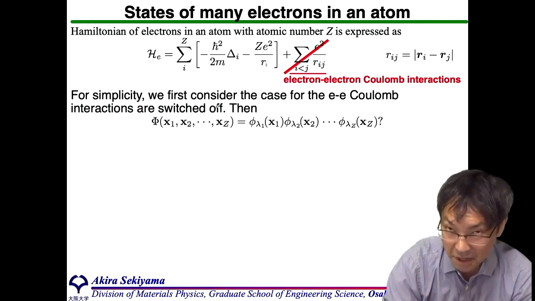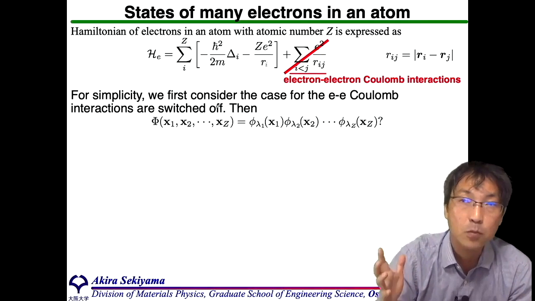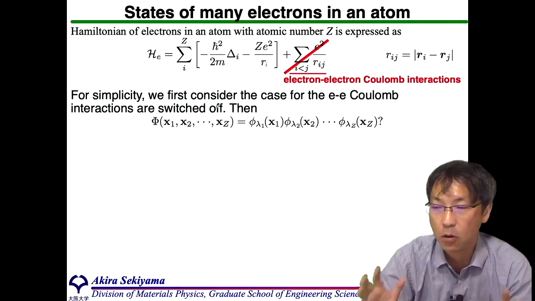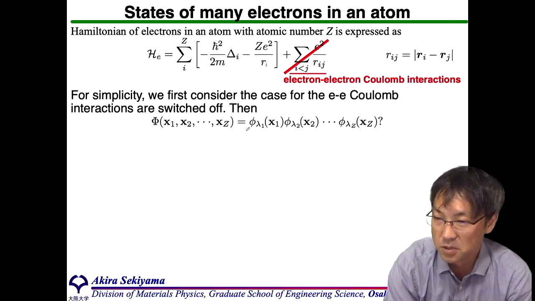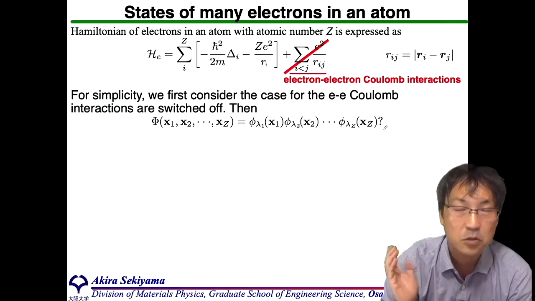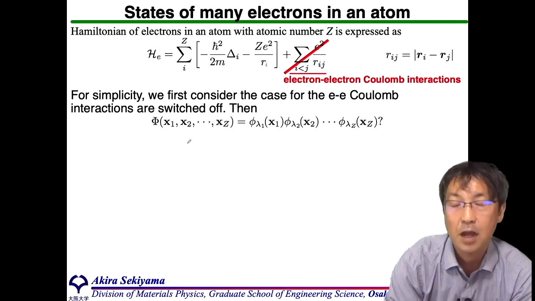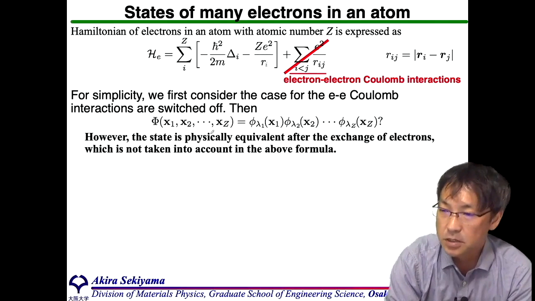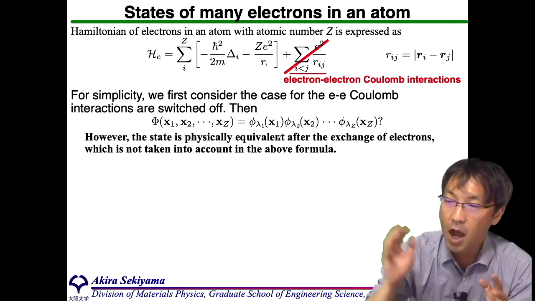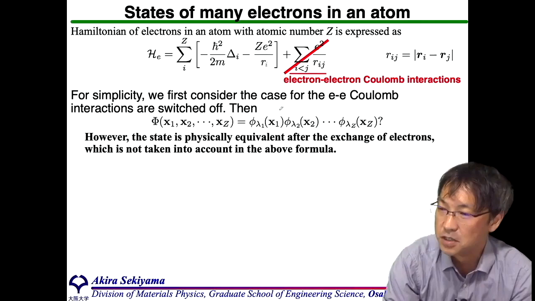In such a case, we need to consider the wave function of the state with the number of electrons of Z. The first easy way is to take the wave function of the many-body electron system like this one, a simple product of each eigenstate. However, it should be noted that the state is physically equivalent after the exchange of electrons, which is not taken into account in this formula.